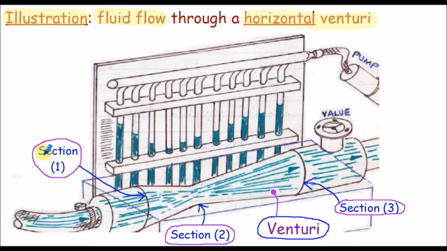So notice section 1 shown here, section 2 shown here, and section 3 shown here. So between sections 1 and 2, the venturi is what's termed converging, and between sections 2 and 3, the venturi is diverging. And we'll consider this type of characteristic within the problems we're going to review within this presentation.